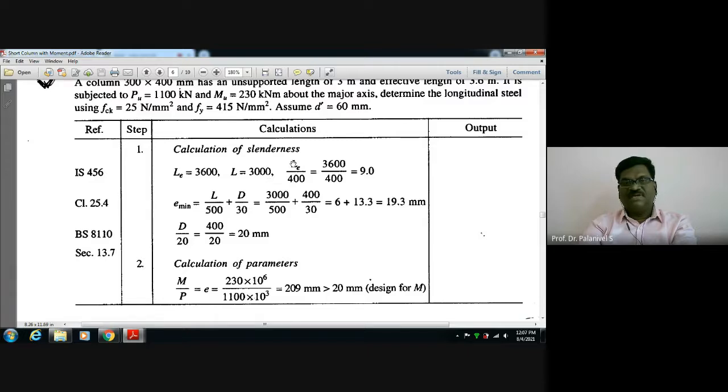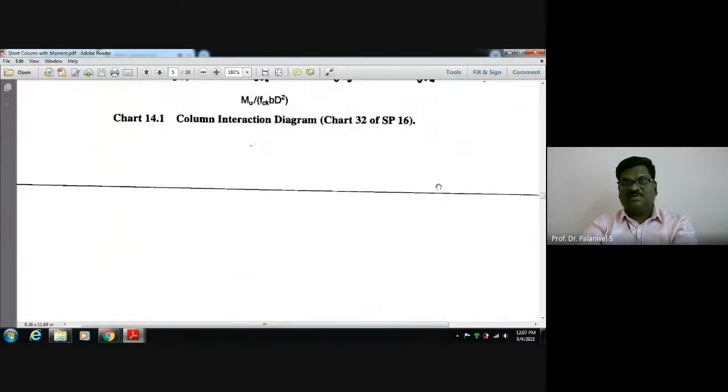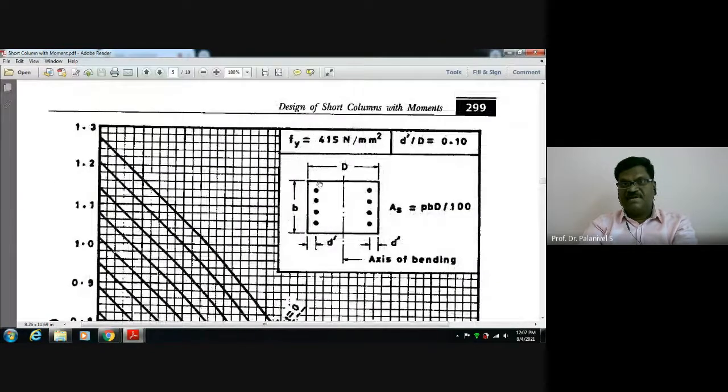Therefore, slenderness ratio is LE, effective length, divided by lateral dimension. Capital D, 400, you have to take. Why? The bending is in this direction; refer to this figure. This is 400, this is 300. B is 300, D is 400.